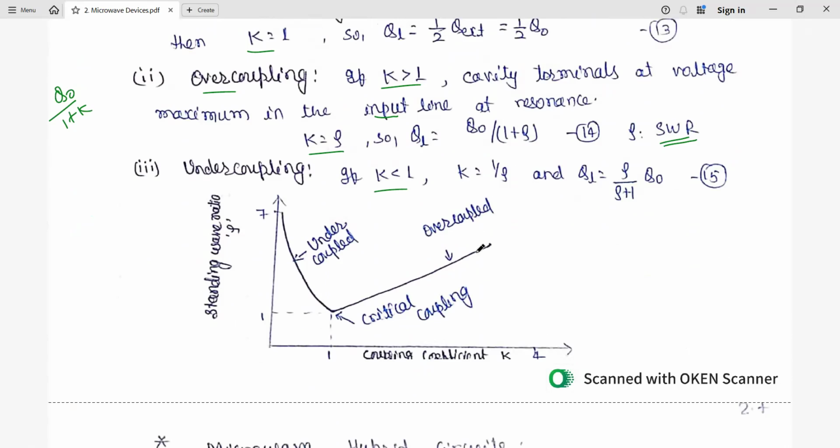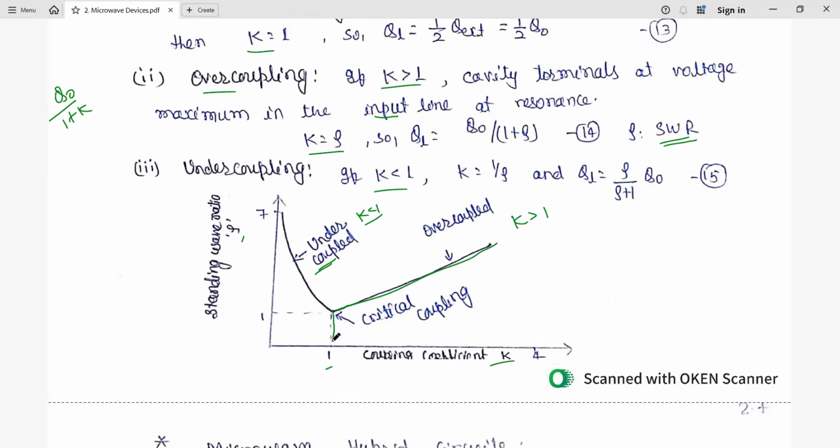On the x-axis we have the coupling coefficient with values from 1 to 4, and on the y-axis we have the standing wave ratio from 1 to 7. This is the situation for undercoupled, which means K is less than 1. This portion from here to here is overcoupled, meaning K is greater than 1.